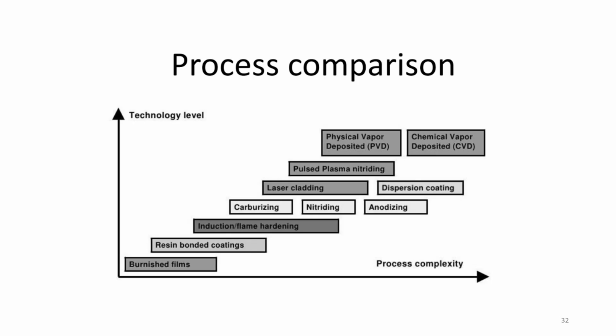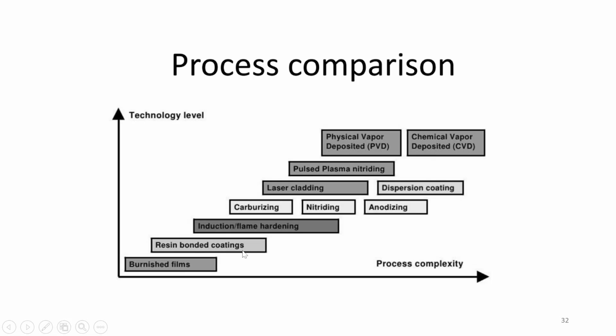Now this is the process comparison based on process complexity and technology level. So as you keep on going in this side, you will be seeing the process is becoming more complex and more advanced based on technology. So burnished films has the lowest complexity and lowest technology level.